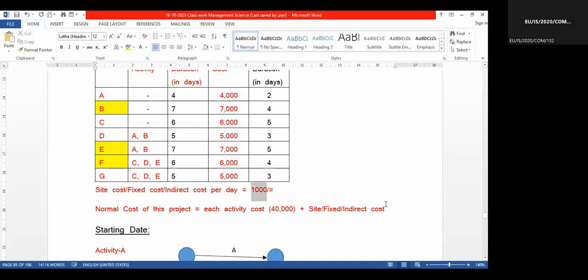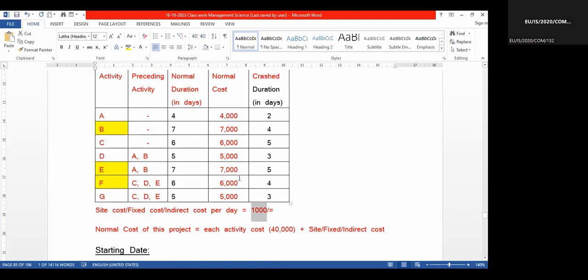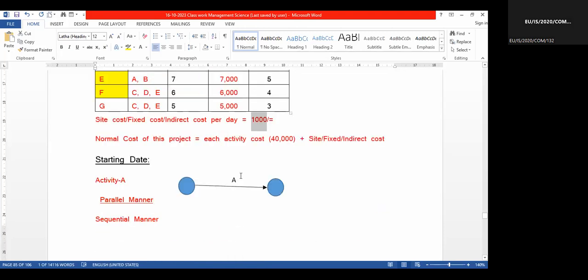Per day how much? 1,000. How many days are required to complete the project? The normal duration time, 20 days.